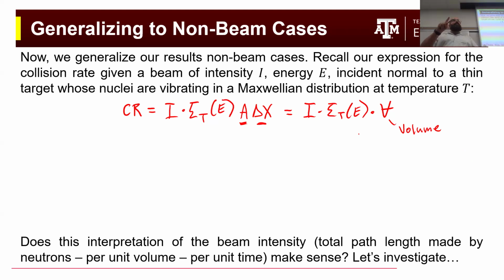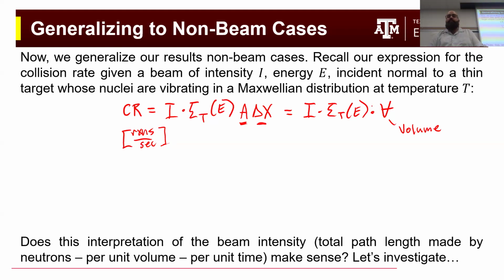If I wanted a collision rate density, so this collision rate is going to have units of reactions per second. If I wanted to make this a collision rate density so that it was reactions per unit time per unit volume, I would just take this expression and divide both sides by the volume.